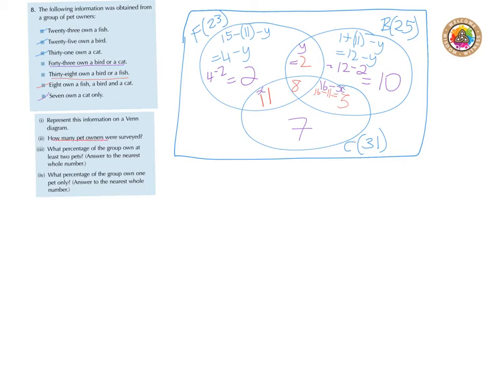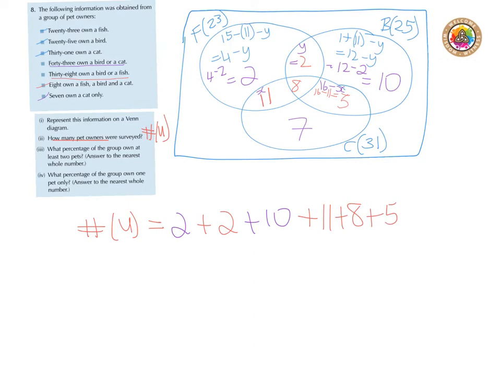So what we're looking for here is the cardinal number of our universal set. And so that's simply just going to be adding all our numbers together. So hashtag U is equal to 2 plus 2 plus 10 plus 11 plus 8 plus 5 and lastly plus 7.